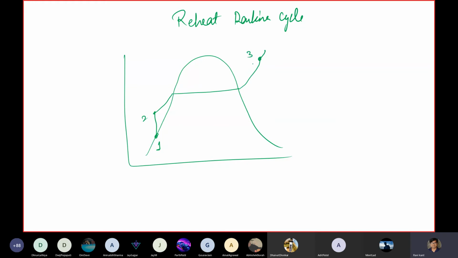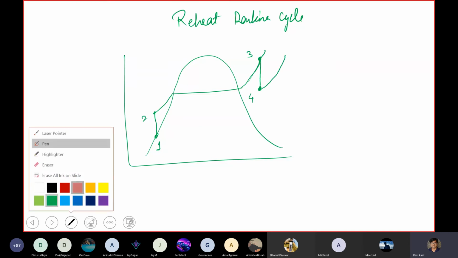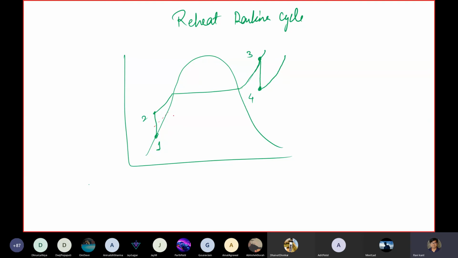See, there will be 2 turbines here, so the steam is expanded through turbine 1, reaches somewhere intermediate, place 4, and we reheat again at constant pressure. So there will be one other pressure line over here, and it will be expanded at this particular pressure line.